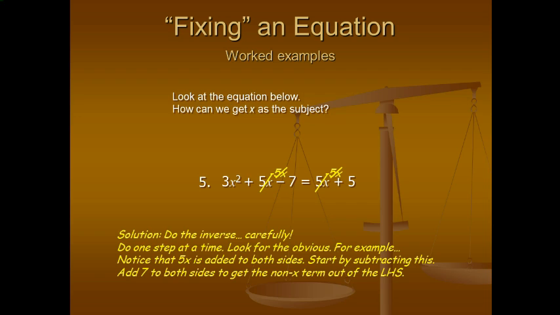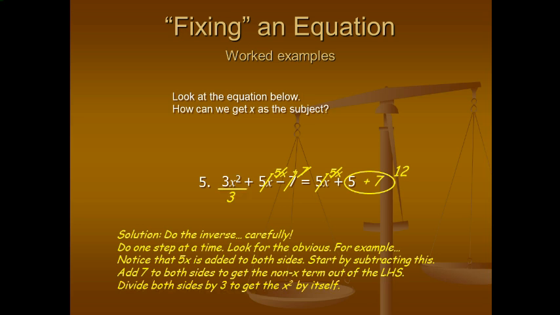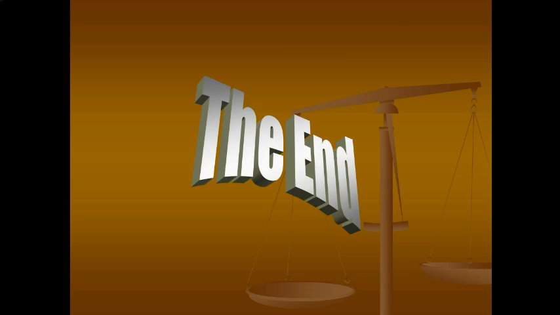Add 7 to both sides to get the non-x term out of the left-hand side. Divide both sides by 3 to get the x squared by itself. Finally, take the square root of both sides. When all the dust settles, the answer is x equals 2. Work through these examples until you are comfortable with the process.